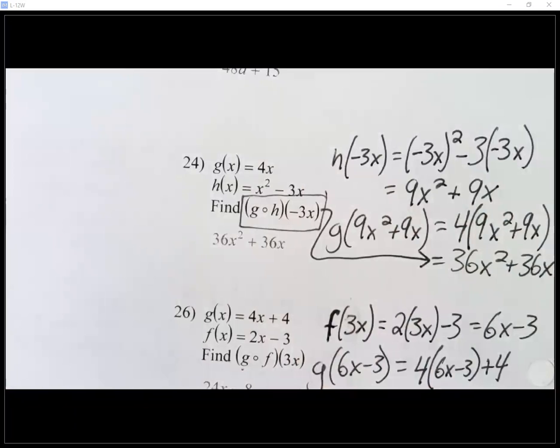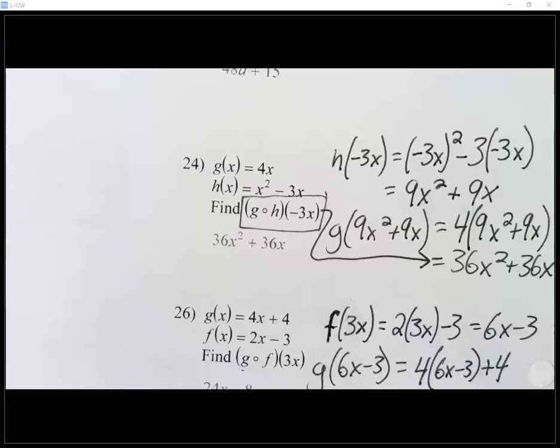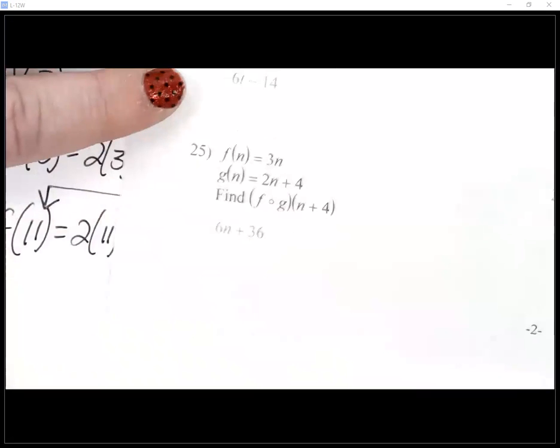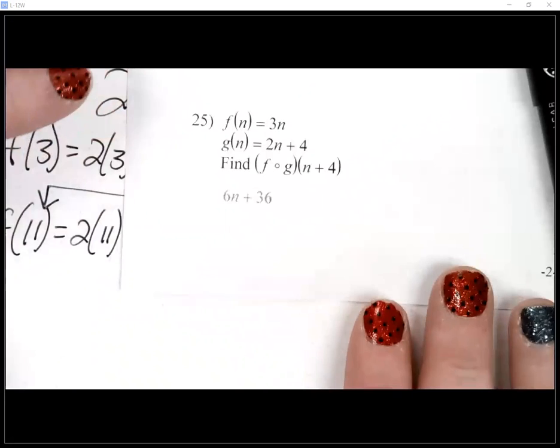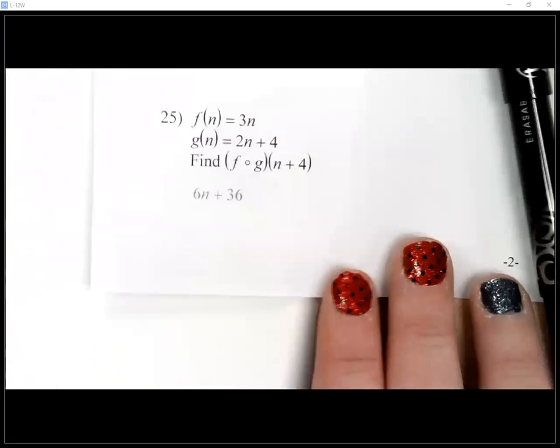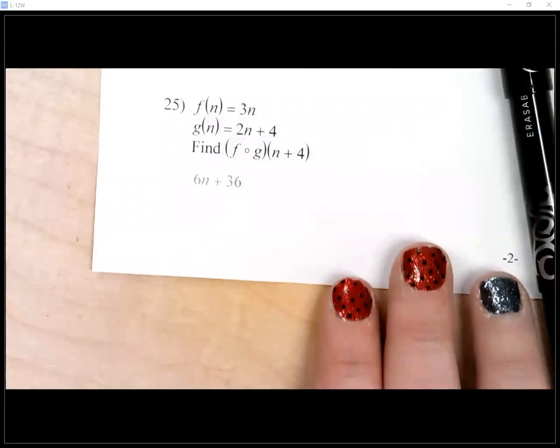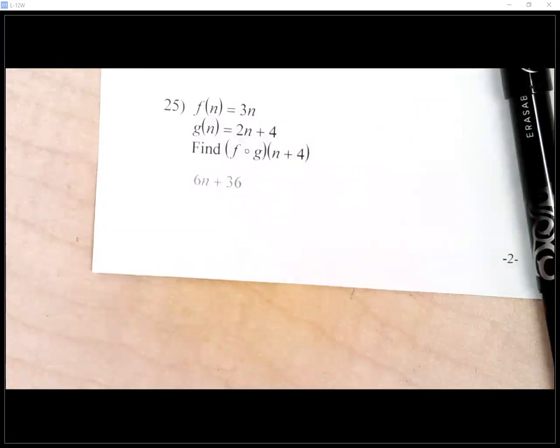How do you feel? Do you want to try one more together, or oh wait, we gotta do one where it's like a binomial. How about 25? So again, there's 25. Try it and see when you're done trying it. Look up at my screen and see if your answer matches the key.